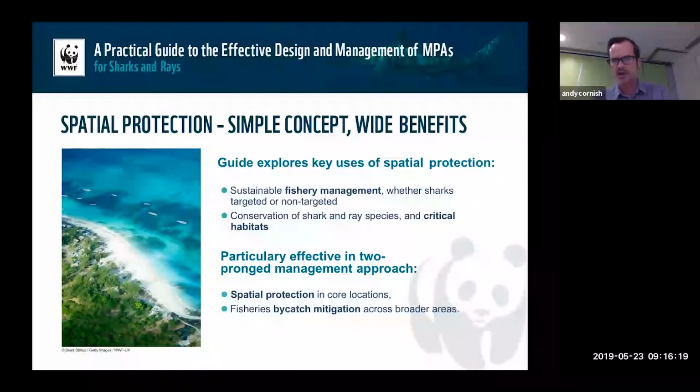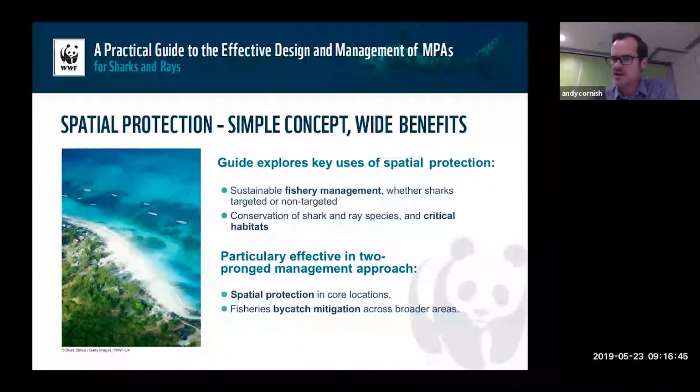And of course, conservation of shark and ray species and critical habitats. And of course, because this is a WWF call, all this is obviously geared towards supporting outcomes 1 and 2 for the ocean practice. I think one of the key points as well is that spatial protection is most likely to be effective if it's used in conjunction with other management tools.